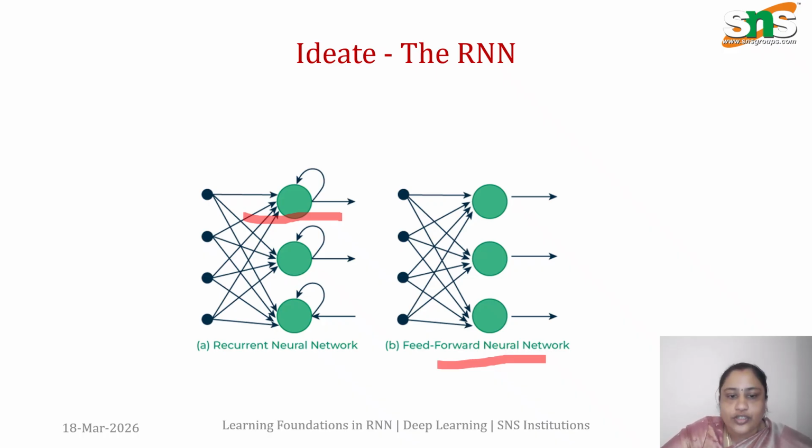This helps to remember some information and then predict the output. This is the speciality of the RNN. The previous time step and the present input are both taken into consideration for processing the present state output. So this is about RNN.